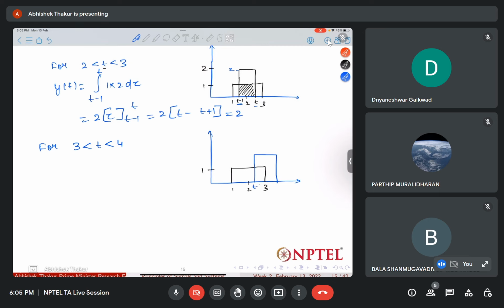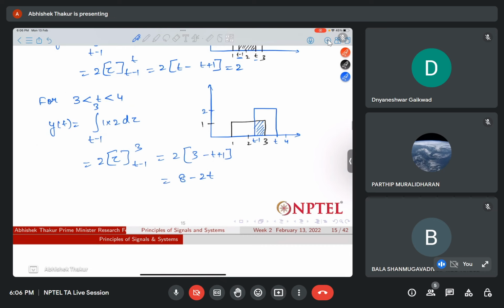So this is our t minus 1 and t is between 3 to 4. Let's suppose this is 4. This is 2. Now the overlapping area is this. The limit is from t minus 1 to 3. So y(t) is the integral from t minus 1 to 3 of 1 into 2 d tau, because x(t minus tau) is 1 and h(t minus tau) is 2. So it will be 2 tau, and tau is varying from t minus 1 to 3. It will be 2 times 3 minus t plus 1. So it will be 4 into 2, 8 minus 2t.